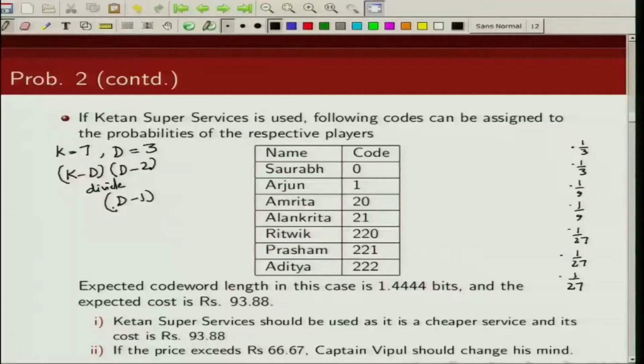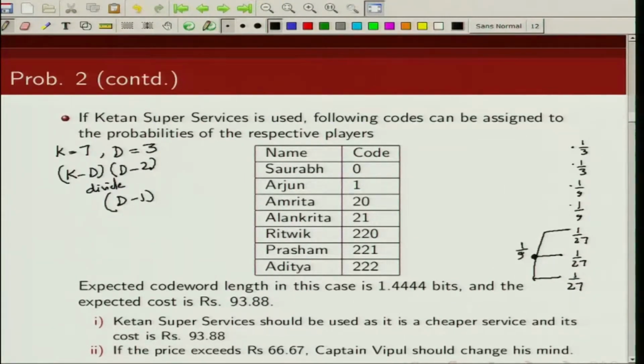So in the initial stage we are going to combine 3 of these leaves. These are the 3 least likely leaves. So we combine them and this will have probability equal to 1 by 27 plus 1 by 27 plus 1 by 27. So this probability is 1 by 9.